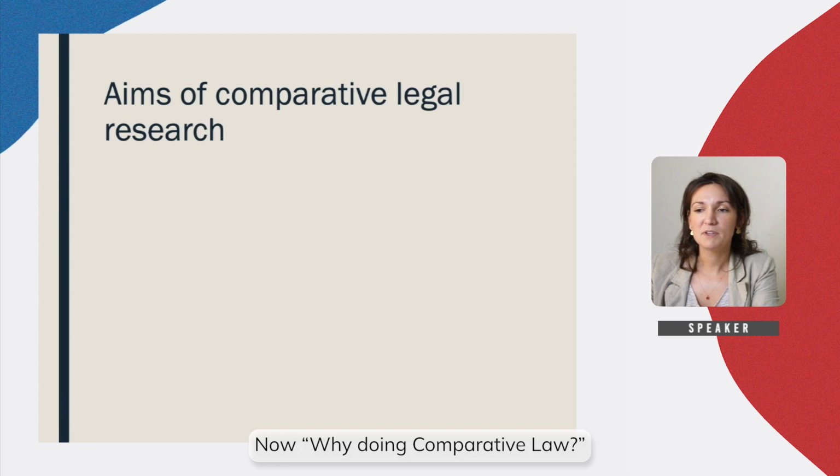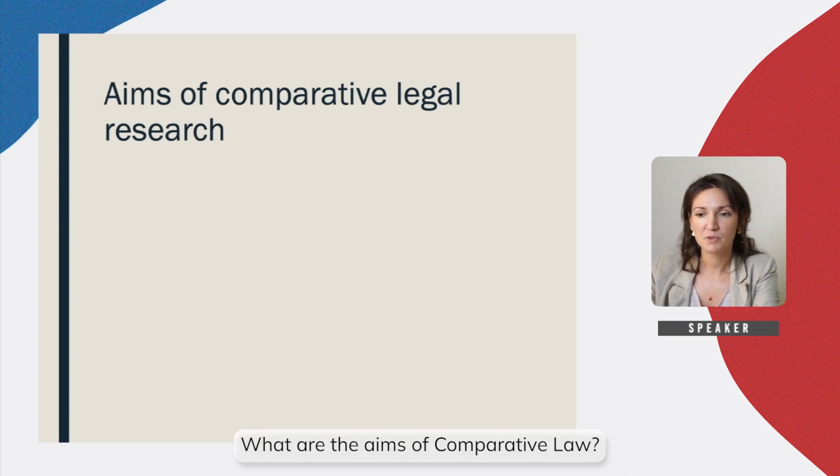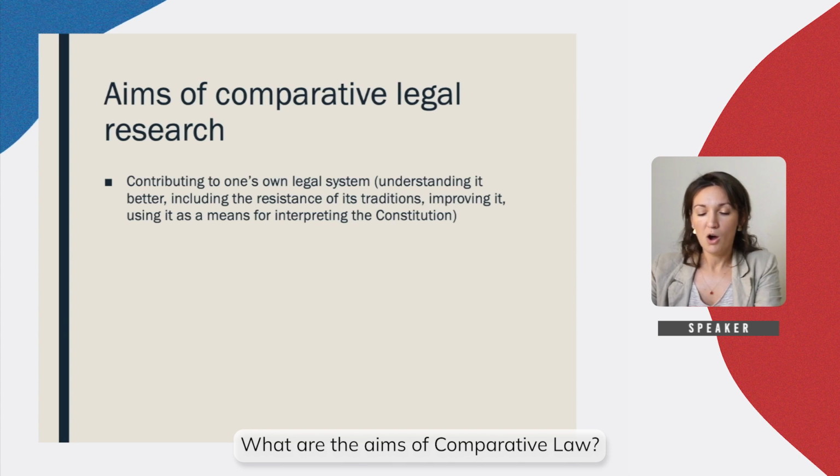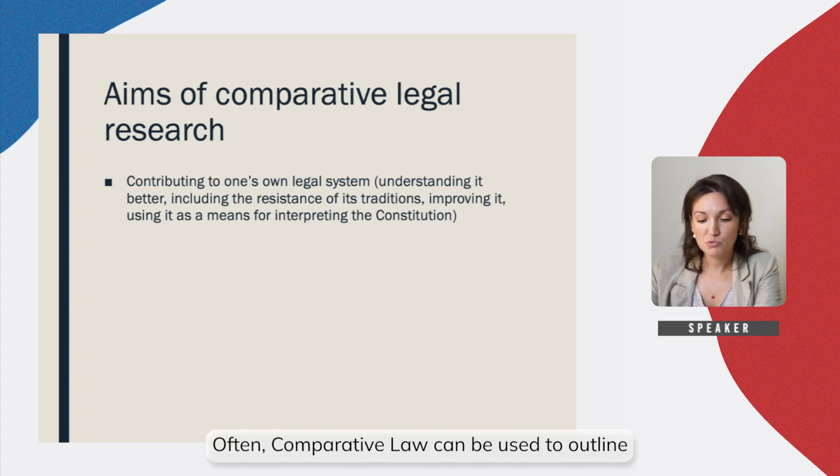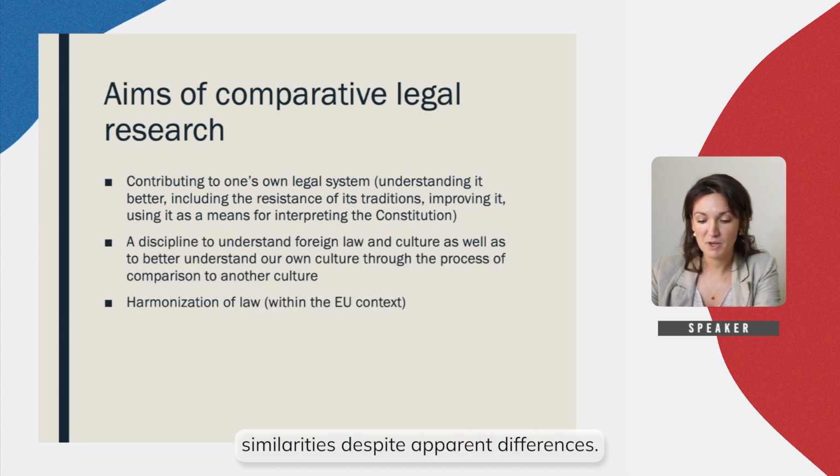Now, why doing comparative law? What are the aims of comparative law? Often, comparative law can be used to outline similarities despite apparent differences, and that can be used to harmonize legal systems.